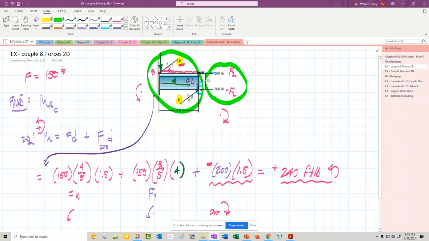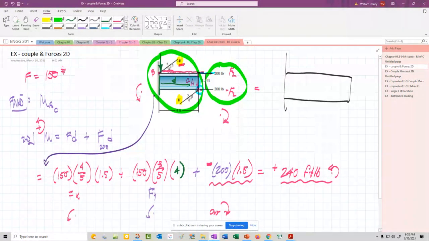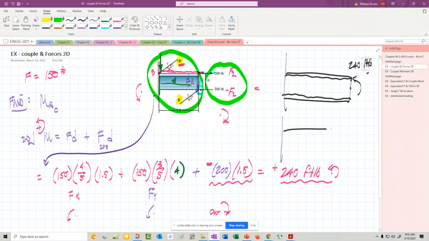Now again, in this one here, I don't have a y component of that force, so I don't have a second F times D. So this all means that if I redrew this beam, the equivalent system, which we're going to talk about in a few minutes, would be I could put 240 foot-pounds right there.